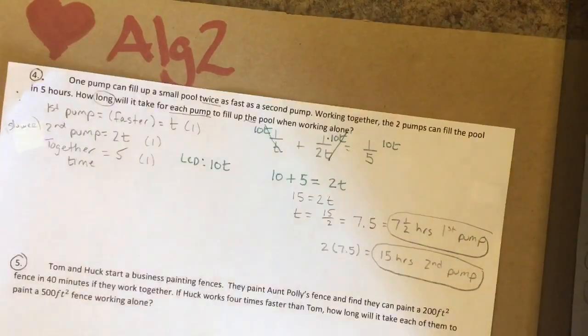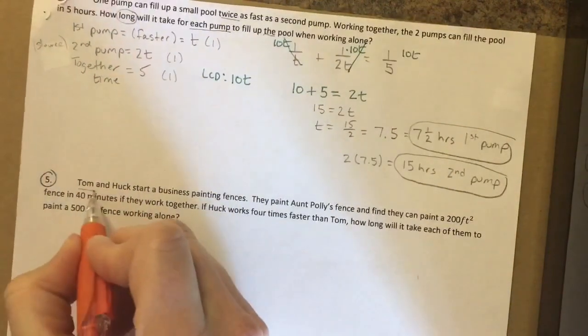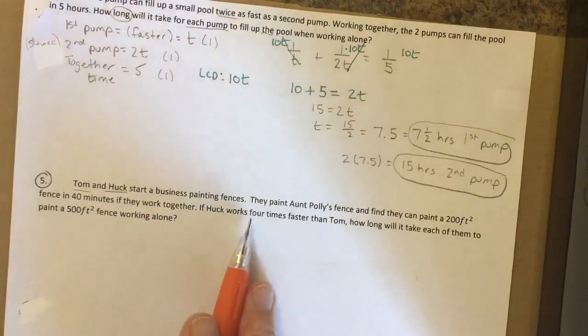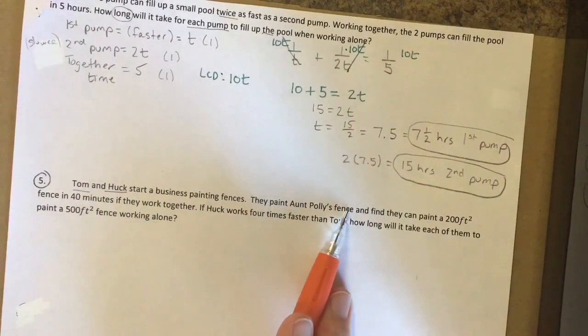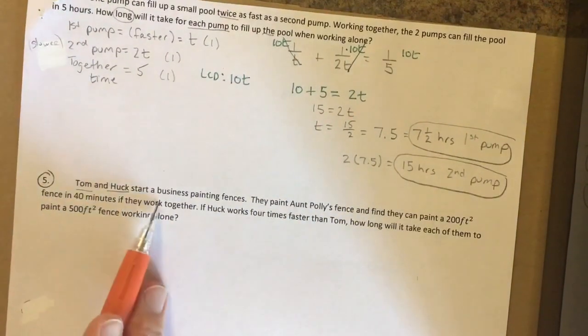All right. Number 5. Anybody know Tom and Huck? Started a business painting fences. Specifically, they can paint Aunt Polly's fence, and they find they can paint 200 square feet of fence in 40 minutes if they work together.